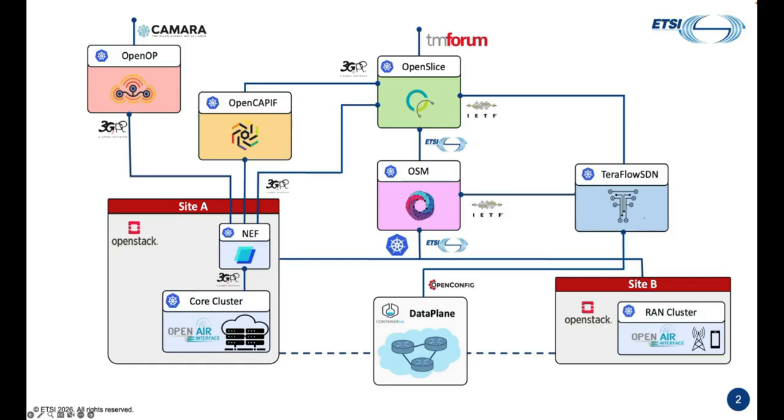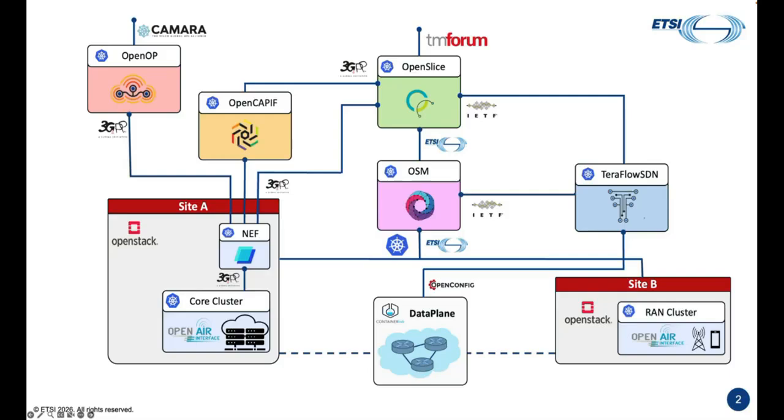The structure or the architecture of that demo is based on all the SDGs. So OSM has a central role here in the architecture, because OSM is able to manage the infrastructure that you are going to use in the deployment of the different applications. In this case, and I'm going to show you, you will see how OSM is able to manage the different sites.